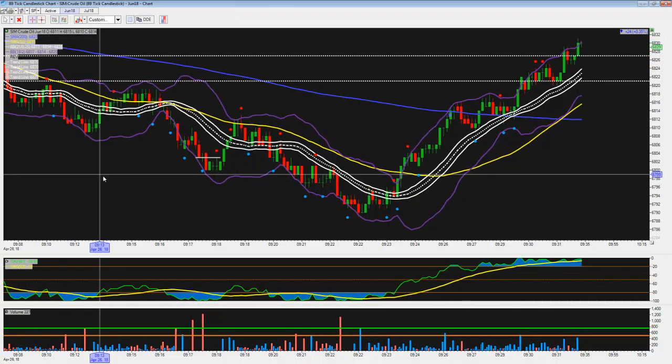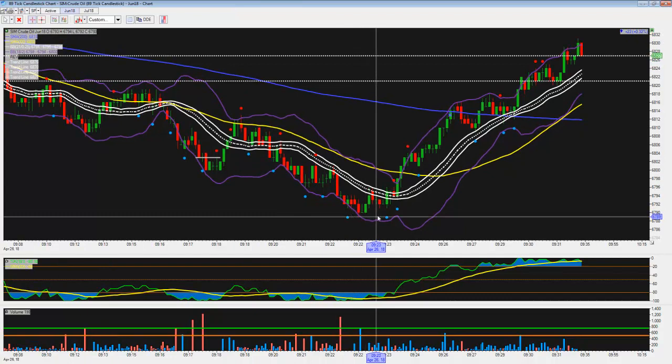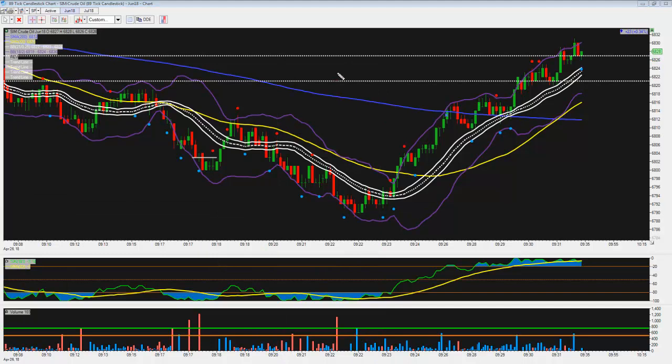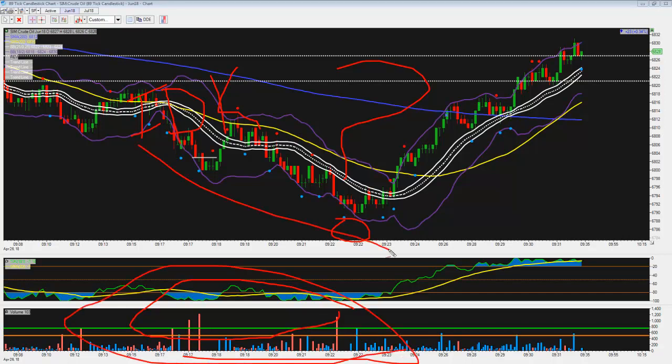So what was the significance of this mark here and a low? Got to put that into the I don't know category. I mean, divergence wasn't showing anything.